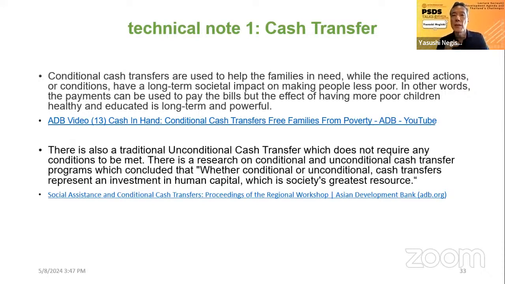Unconditional cash transfer means that without imposing any conditions, poor people can receive money. But in the case of conditional transfer, they ask the recipient family to achieve some conditions, such as sending their children to school a certain percentage of the school days and so on.